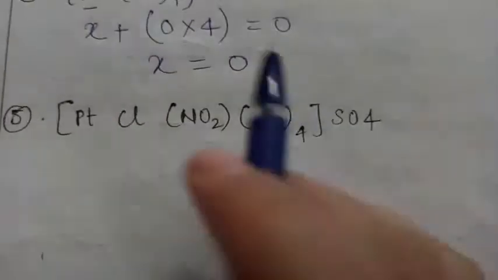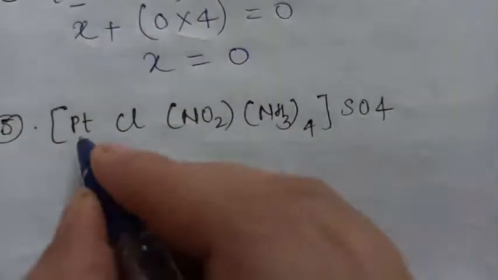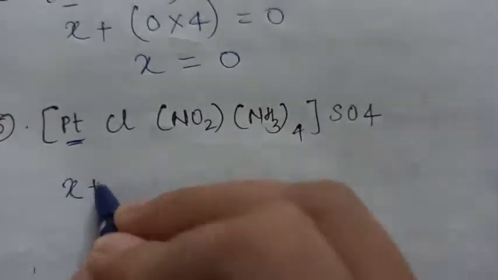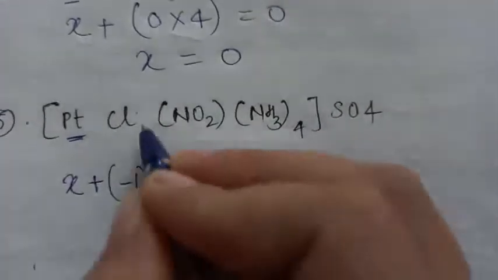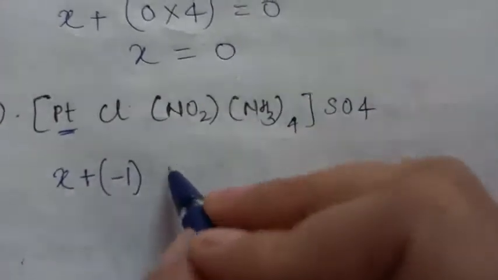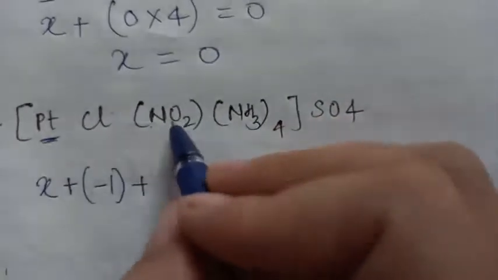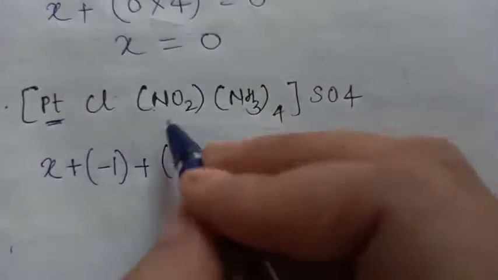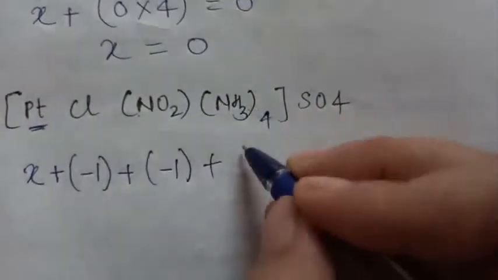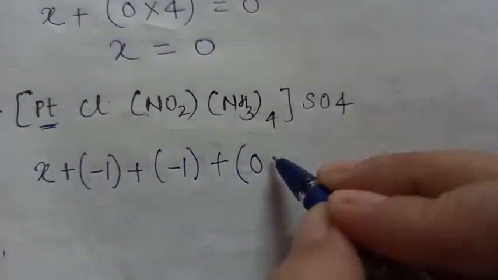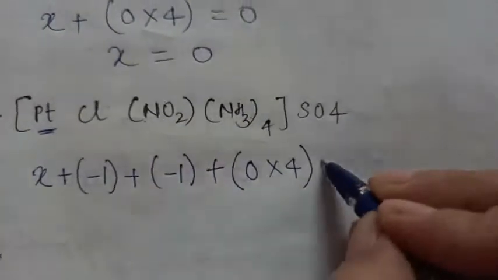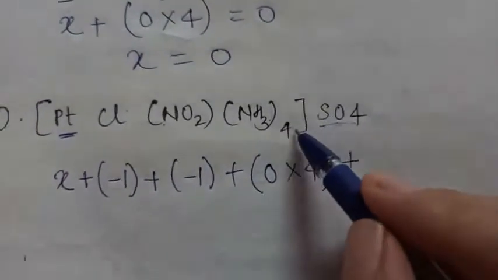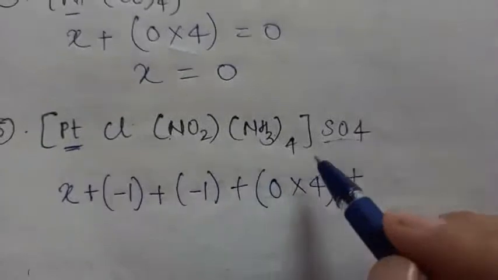Then this is something like a big example. So you see here the central metal atom is platinum. Take it as X. Plus this is chlorido ligand, -1. 1 chlorido is there, that is why -1. Plus this is nitrito N which carries -1 charge. So -1 for 1 nitrito. Then this is amine ligand. Amine is neutral. So 0 into 4. Plus this is a counter ion which is written in this example at the back of this box.